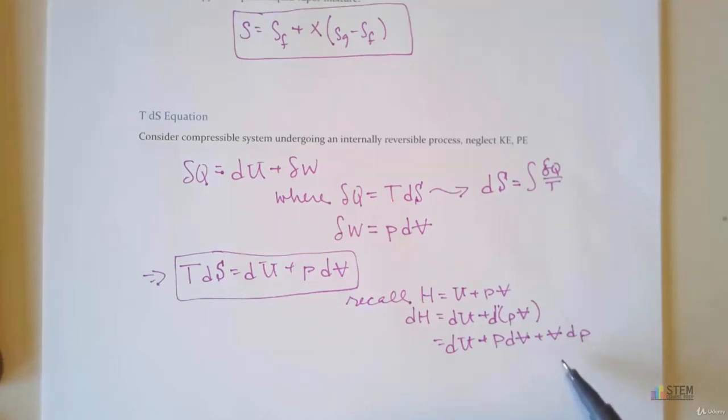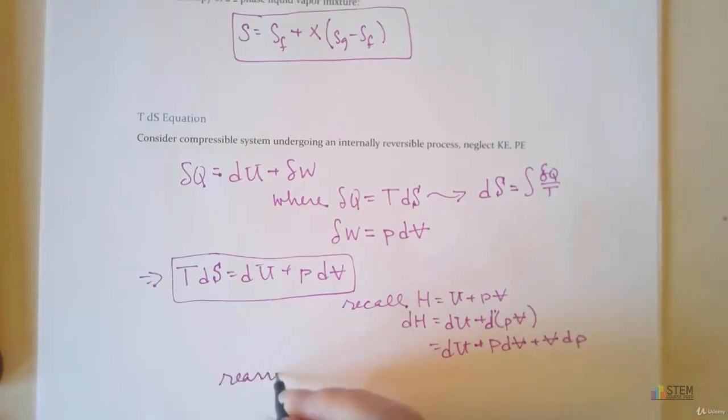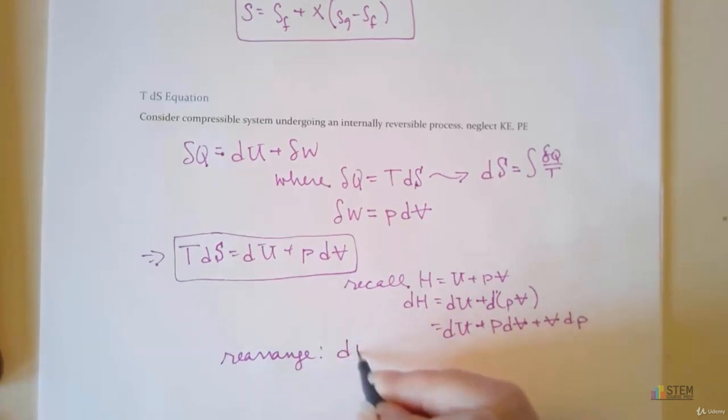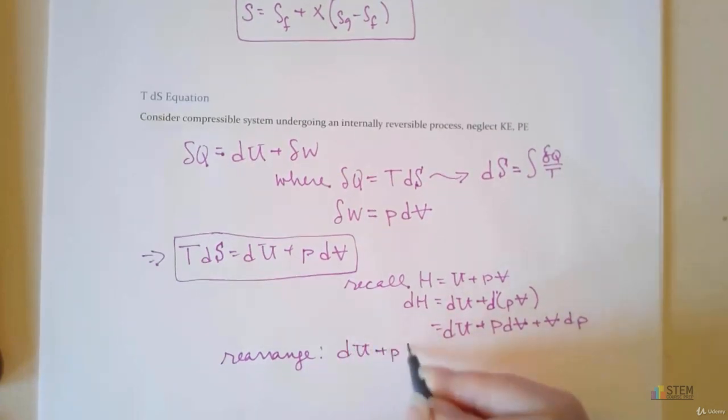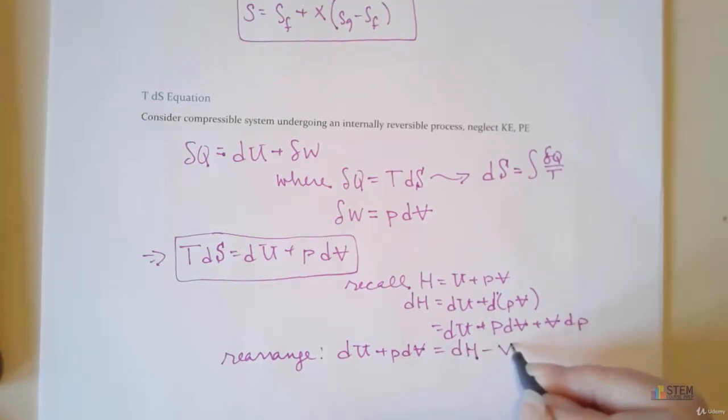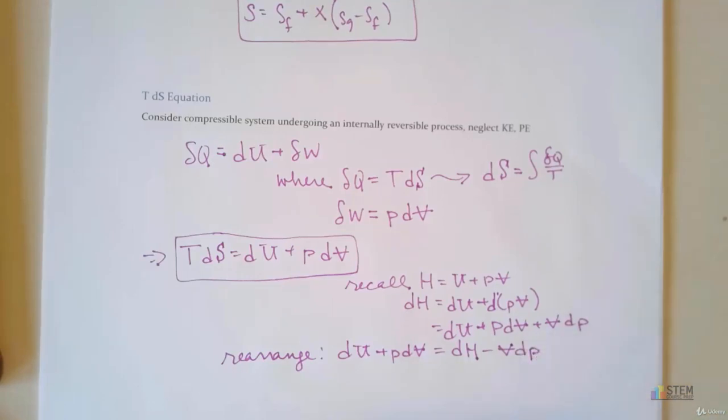All right, so now we got that. We're just doing a little calculus here when we do the derivative of this product. We're going to go ahead and rearrange this. And when we do that, we get dU plus pressure times the change in volume equal to dH minus the volume times dP.